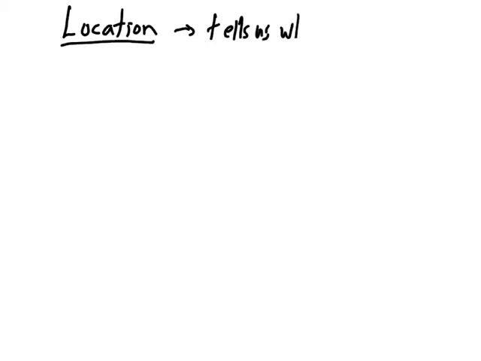Okay, let's just quickly recap on location. We've said location tells us where something or someone is. So locations are a very important property of our geospatial data.